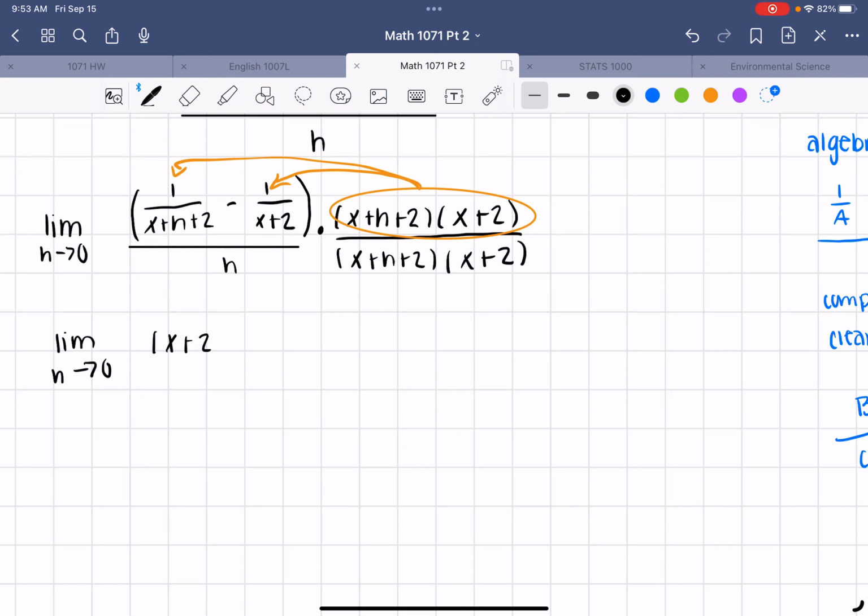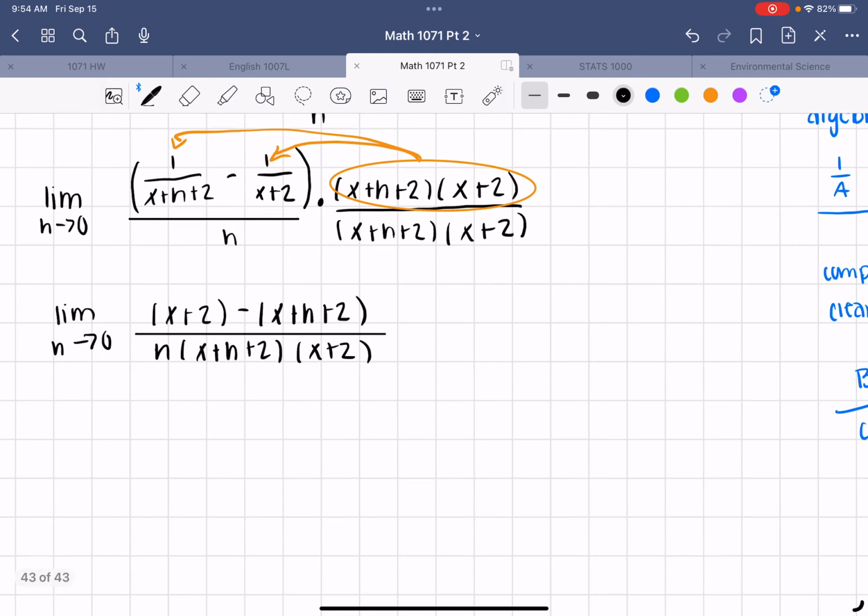We're left with negative h. We're left with a negative h over h, x plus h plus 2, x plus 2. And so now you see you can cancel the common factor because h is not 0. You cancel the common factor.